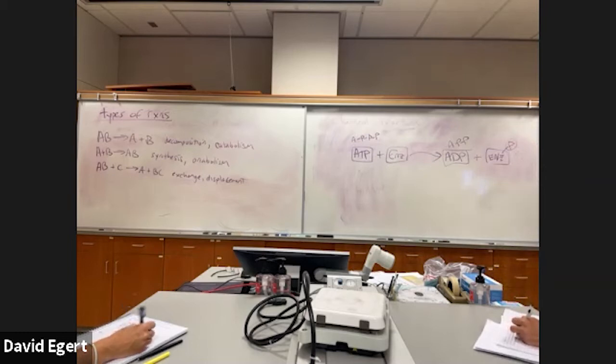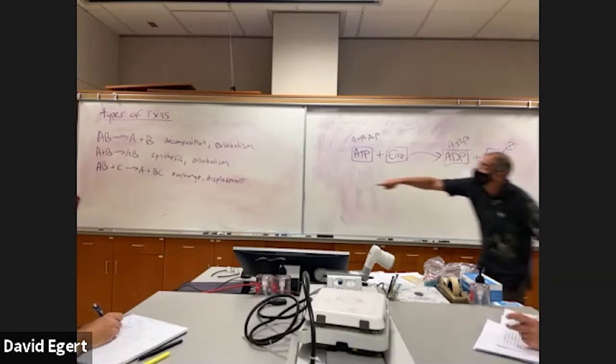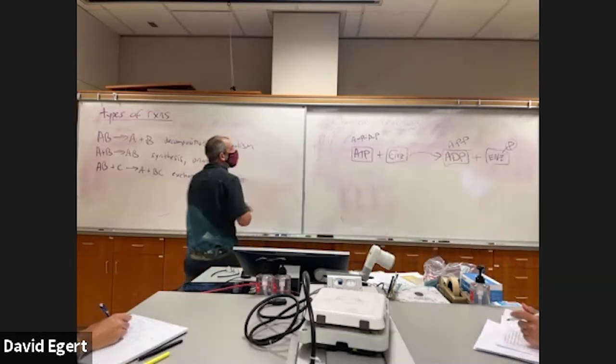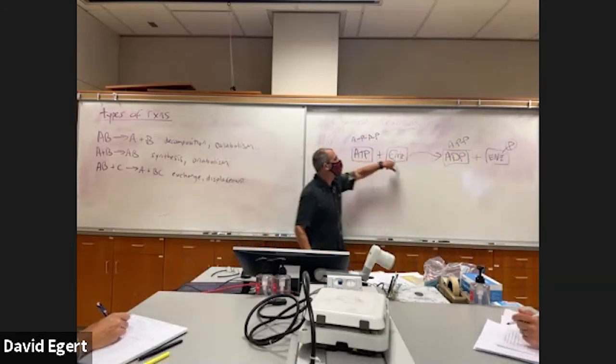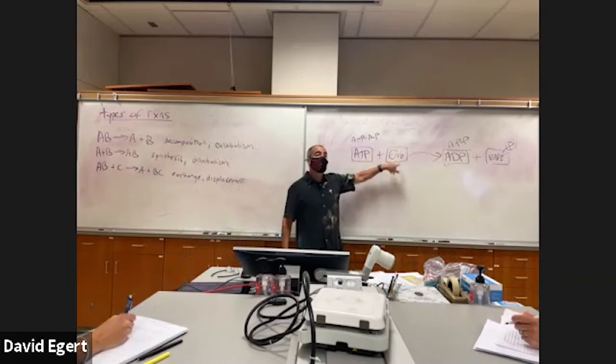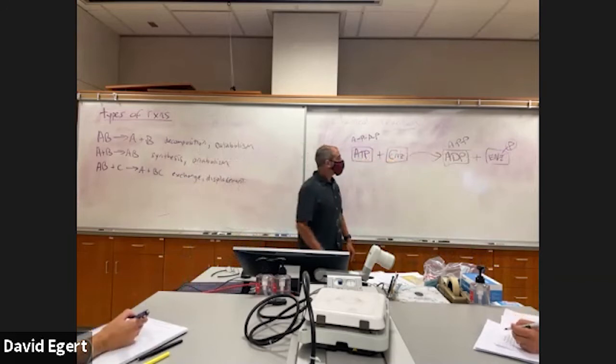Again, we're going to see this a lot. This is going to be a way to turn enzymes on or off, or open and close channels. Often phosphorylating things is going to be a common theme. But here we've done this exchange. We took a phosphate that was on the ATP and swapped it over to this other thing.